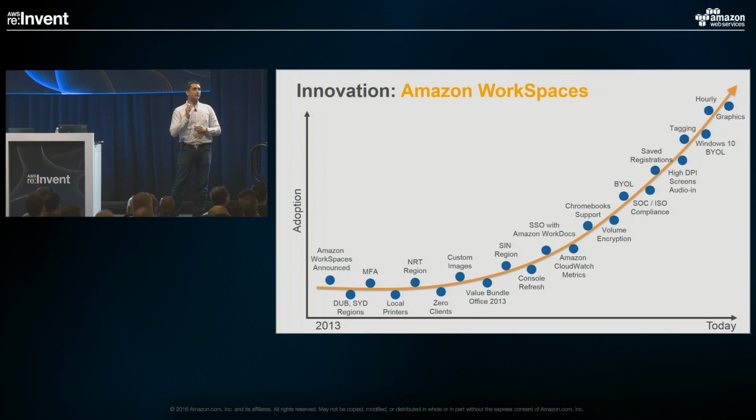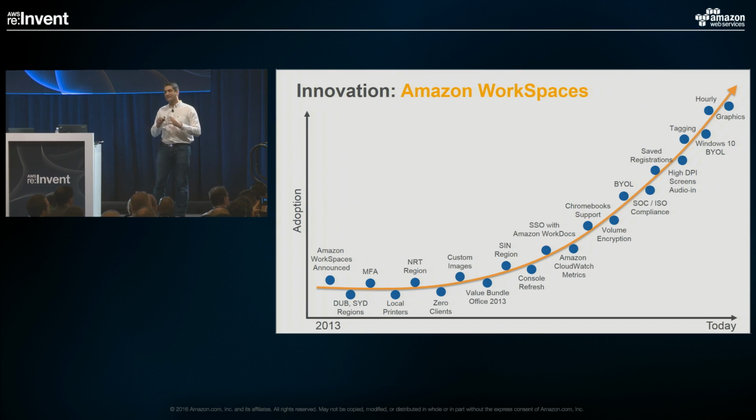So over the past 3 years, what has the service been doing? The service has been innovating based on a lot of customer feedback. We've had over 20 service announcements in the past 3 years. Critical key ones obviously have been things such as multi-factor authentication support, meaning you can use your existing RADIUS infrastructure to deliver the same kind of security model you have for your desktops or VPN clients.